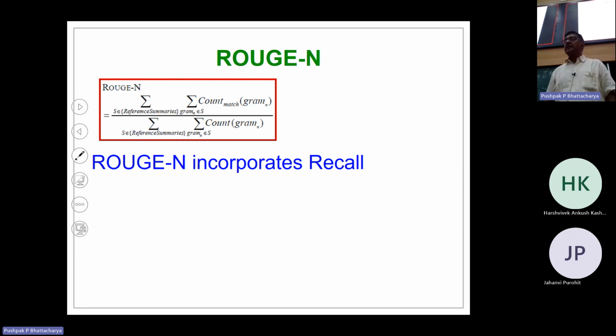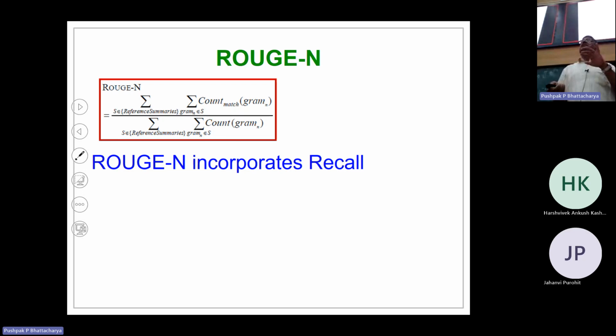It's called recall-oriented. Now, if time permits, we will go into the nitty-gritties of comparison of the BLEU score with the ROUGE score. What difference does it make if you have n-grams taken from the reference and added in the denominator? So it's called a recall-oriented score. It is used in summarization.